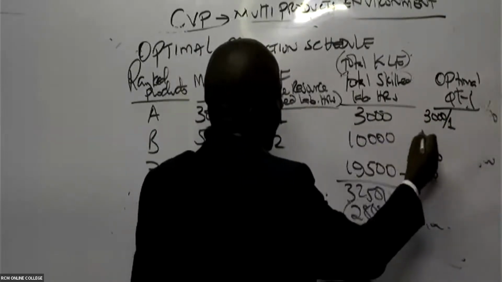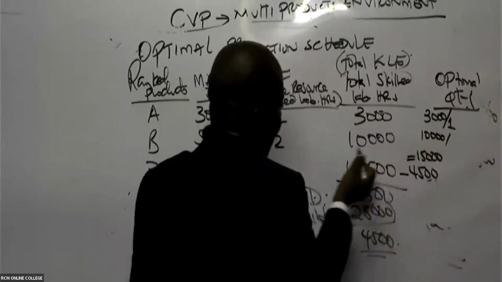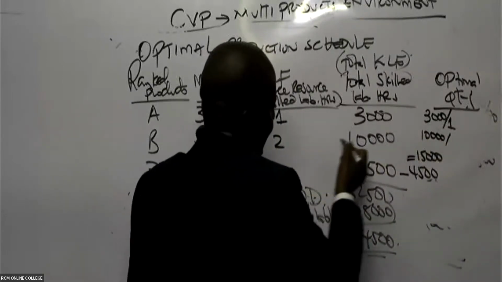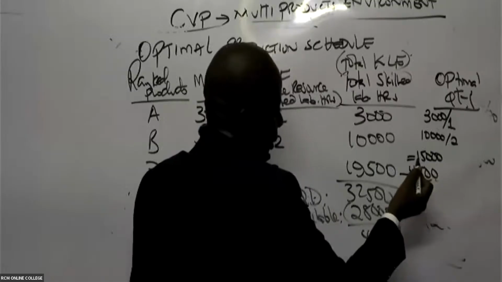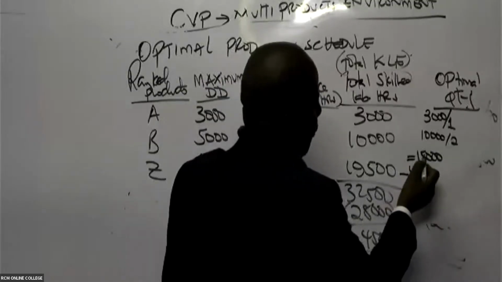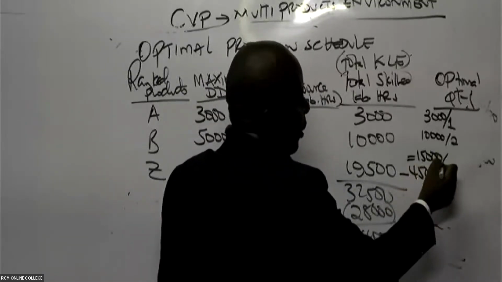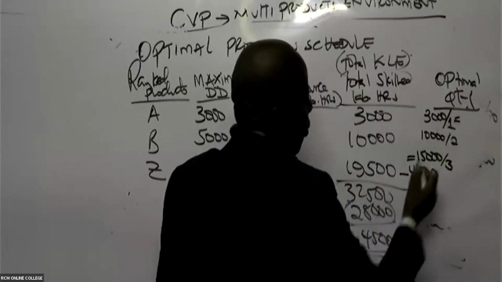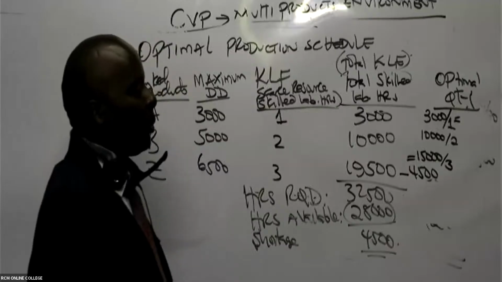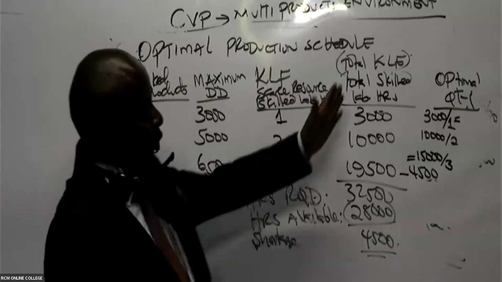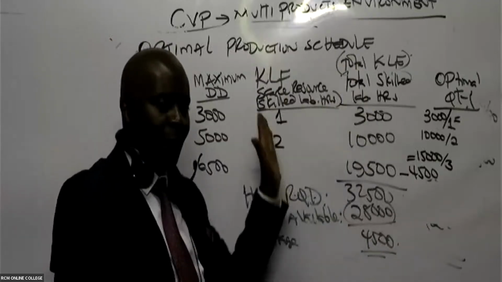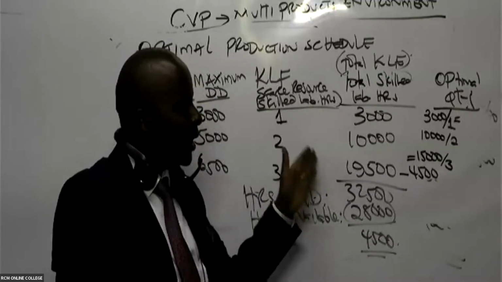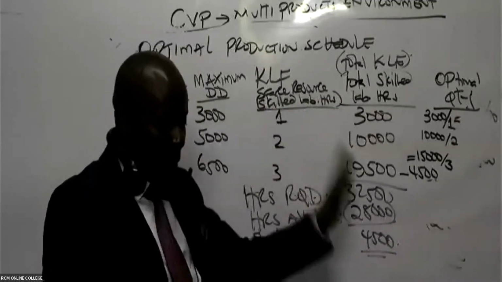We have 10,000 divided by what here, somebody? Divided by 2. So the third one, I will take 15,000 divided by what here now? 3. That's how you get the optimal quantity. So to get the optimal quantity, you take the total in this column and divide it by the immediate predecessor.